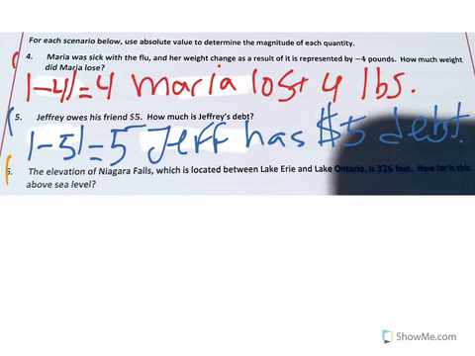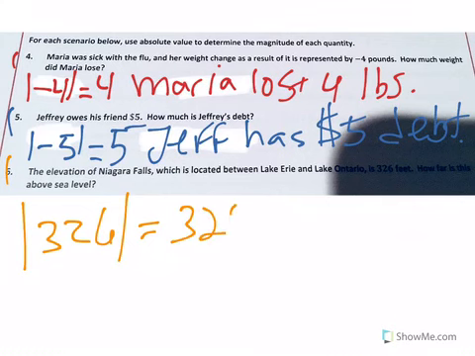Number 6. The elevation of Niagara Falls, which is located between Lake Erie and Lake Ontario, is 326 feet. How far is this above sea level? Well, since we're going above sea level, then we're looking at 326. It's not negative, right? It's positive. It's above sea level. It's above 0. So to find the absolute value of 326, it's 326 away from 0.